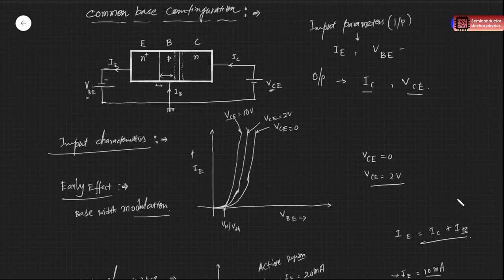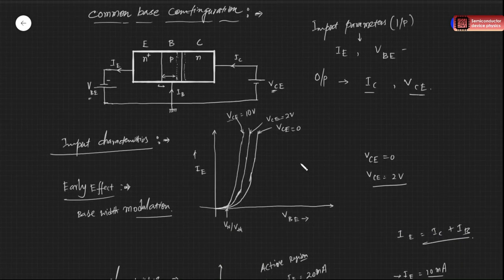Okay. So in the common base, the way we understood the early effect is, as we are increasing this VCE, this depletion width is increasing, so the effective base width is decreasing.